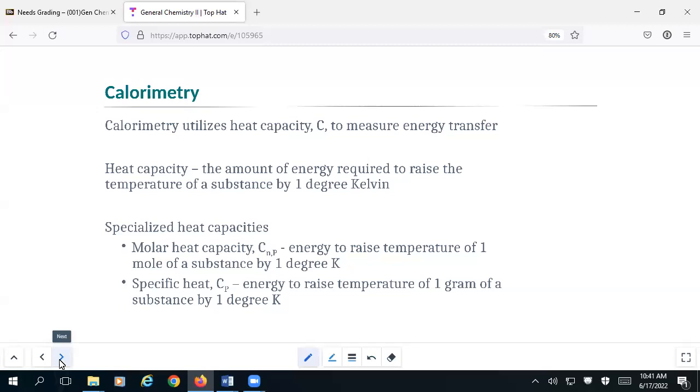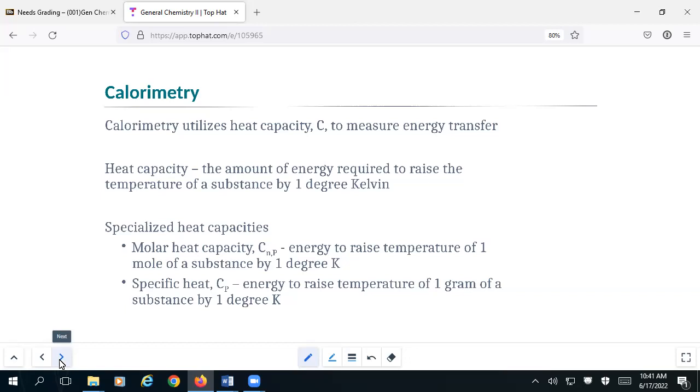Calorimetry uses heat capacity, specific heat, as a means to calculate that transfer. So those transfers of energy get directly related to heat capacity.